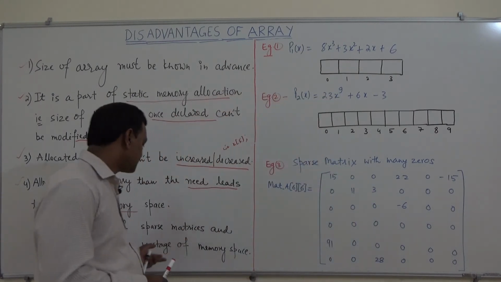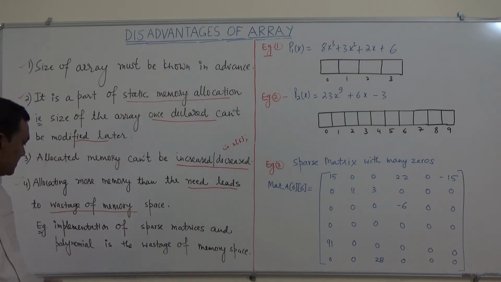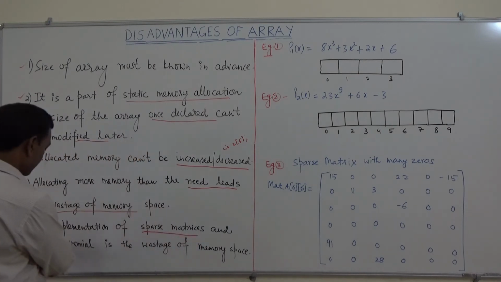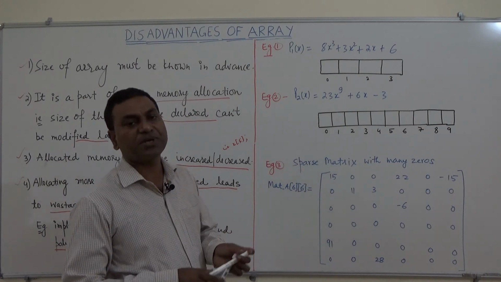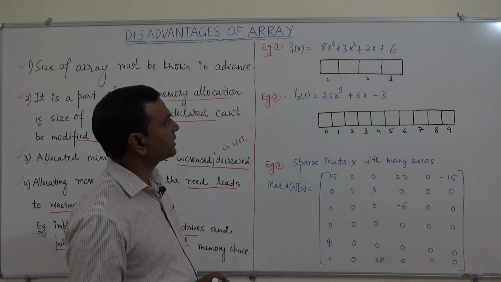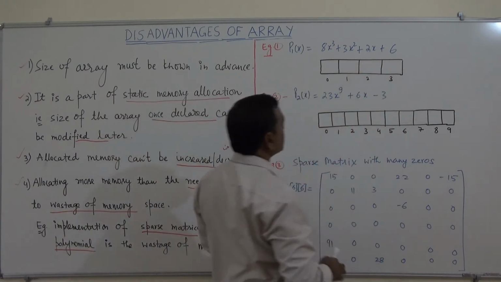We can understand this wastage of memory space with the help of an example, if we are implementing a polynomial and a sparse matrix using the array. So let us consider example 1. This is p1(x), any polynomial, let's say 8x cube plus 3x square plus 2x plus 6.